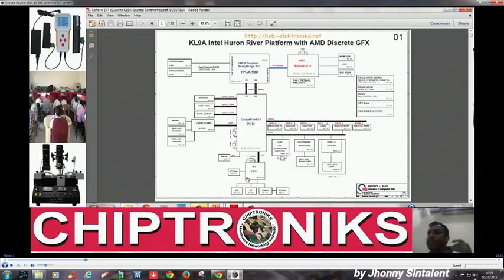98% of the power sequence I can tell just by seeing the PCH, and that is what I want to develop among you, not to look at a schematic diagram every time. Just get a 98% idea by seeing the notebook motherboard. You can get a 98% idea how the powers are flowing, right?